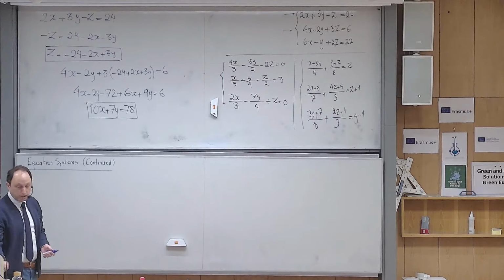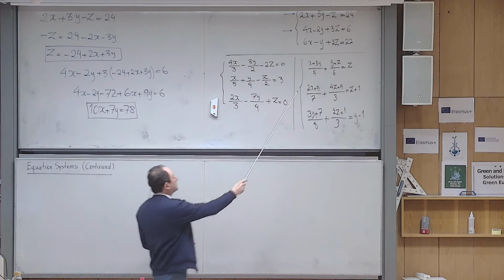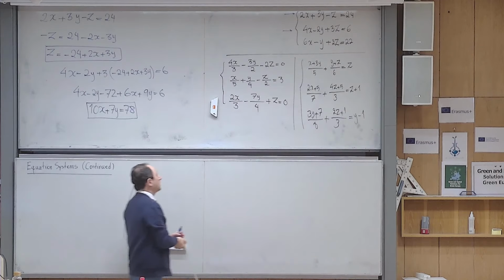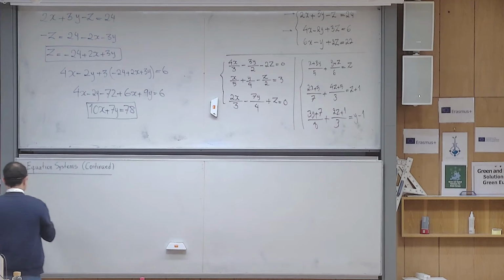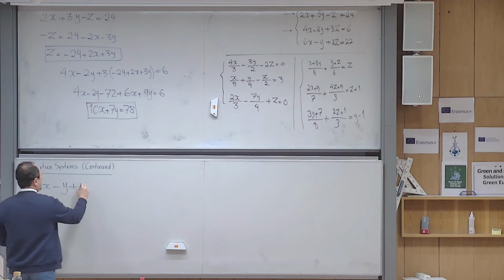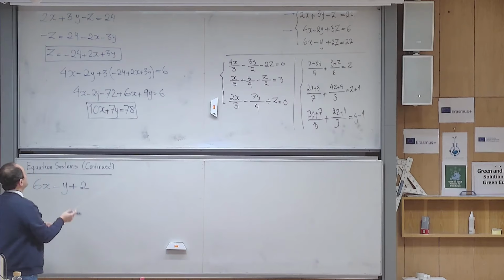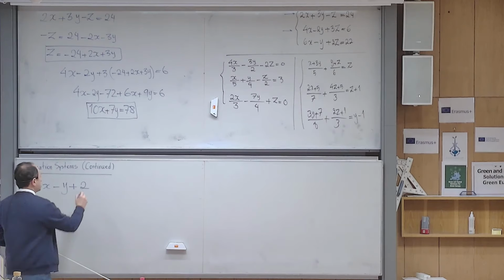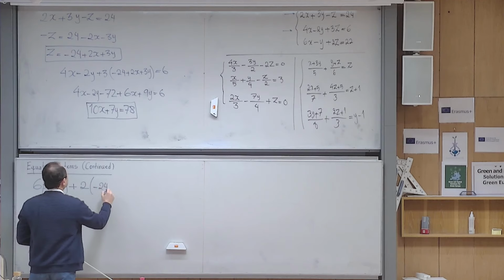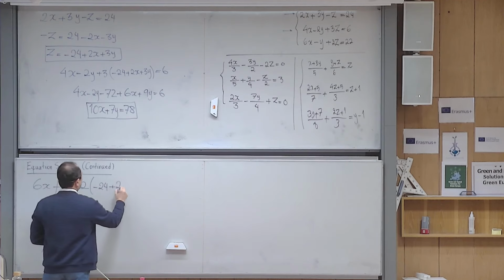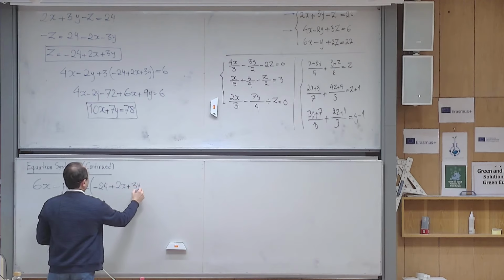Now I go to the third equation here. Yes? So I write 6x, and then I have minus y plus 2 times z. But this is your z. Yes? So it becomes minus 24 plus 2x plus 3y.